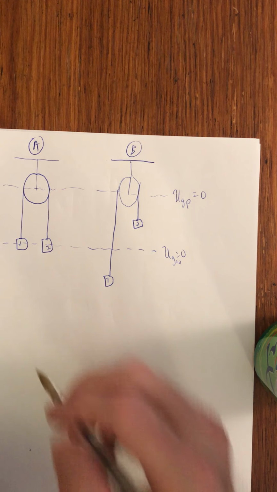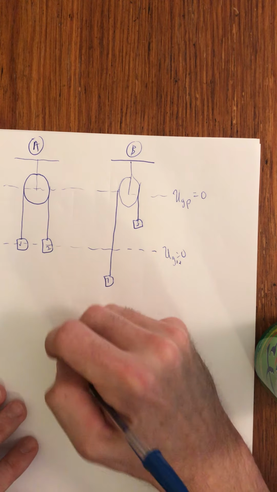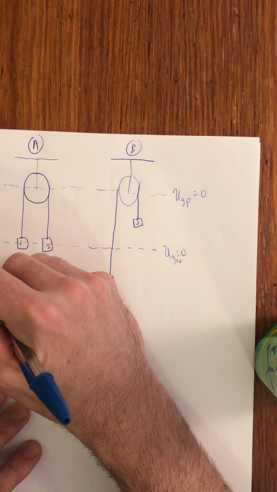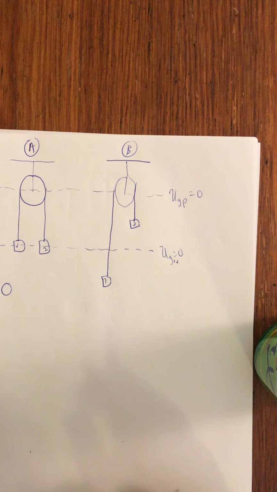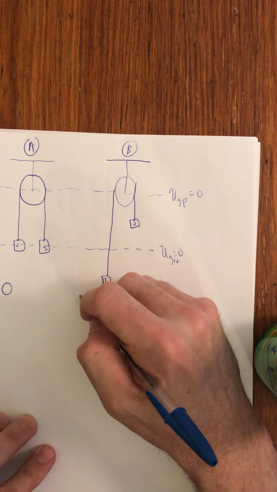Then if I'm writing total energy statements, I would say that the total energy at position A is exactly equal to 0. It has no kinetic energy, nothing's moving. It has no potential energy, everything's at the UG equals 0 line.